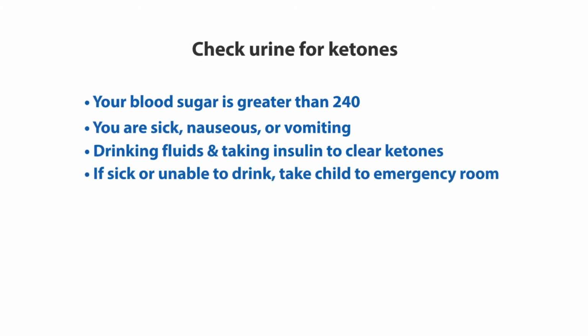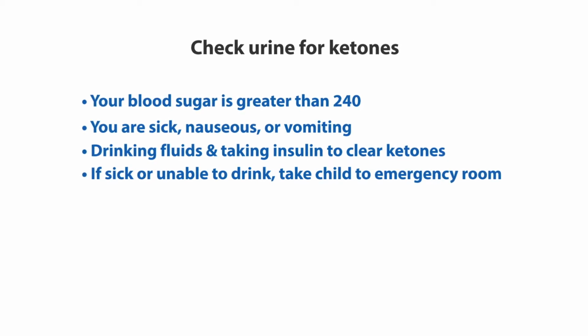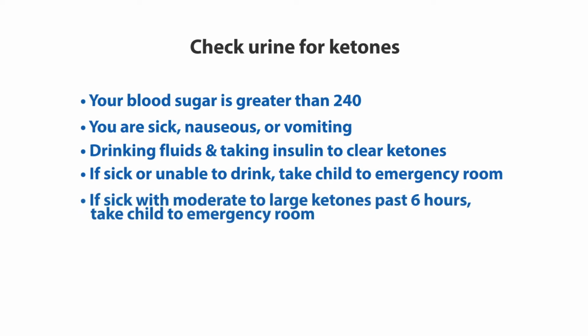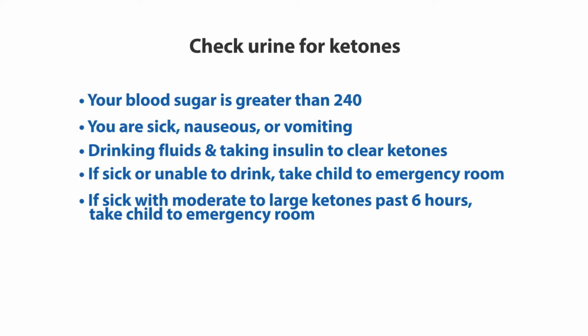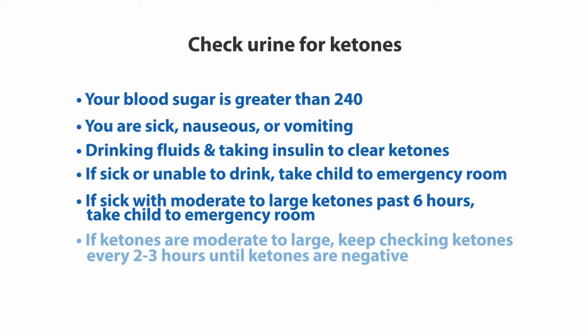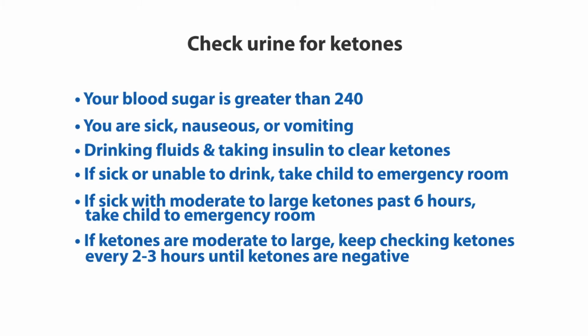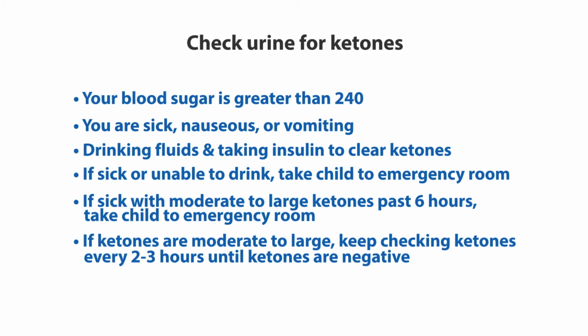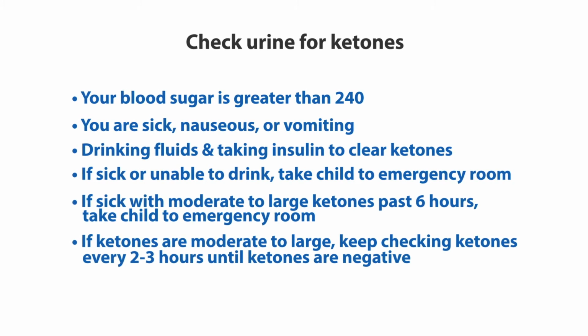If your child is sick-looking and unable to drink, take him or her to the nearest emergency room. If sick with moderate to large ketones past 6 hours, go to the nearest emergency room. If ketones are moderate to large, keep checking ketones every 2 to 3 hours until ketones are negative.